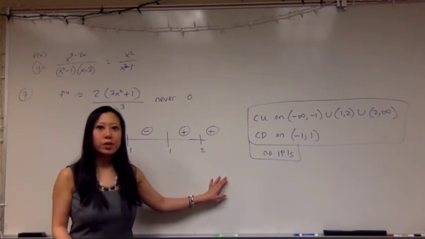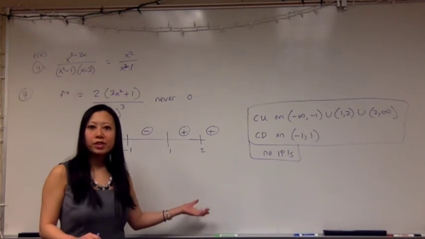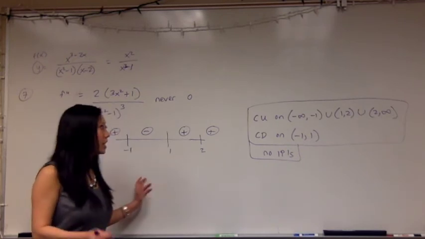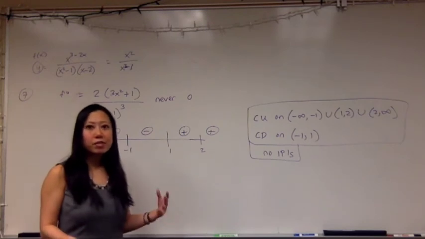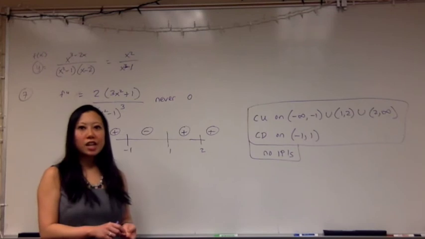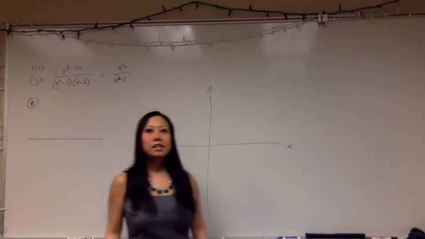So that's why I color-coded that green 0 before in the previous step, to remember that's the only point where we could have a local max or min, and here we don't have any points where we could have inflection points, because the only parts that we have that would change sign are not in the domain of the original function.